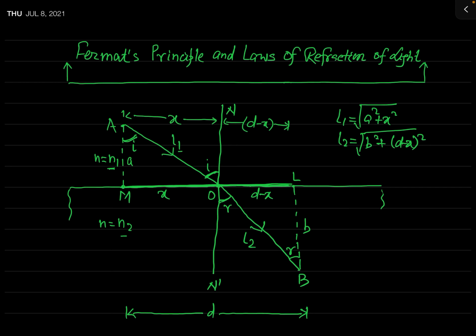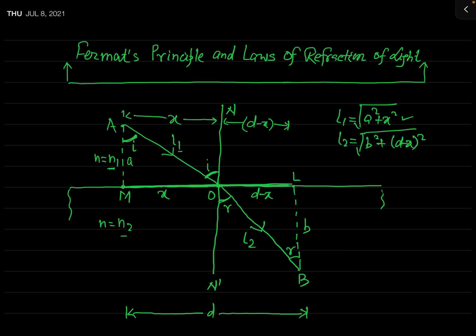So according to geometry, the alternate angles will be equal. So angle OAM, as shown in this figure, is also i. And if I ask you what sin i will be, sin i is simply x over L1, and L1 is root over a square plus x square.